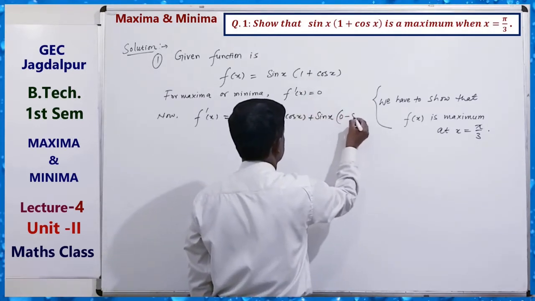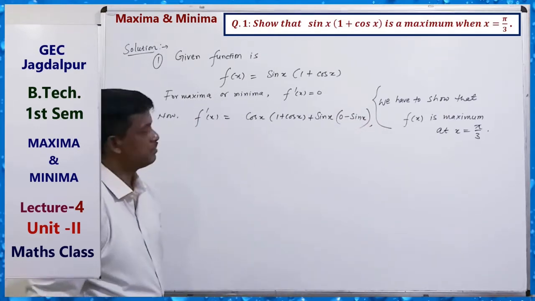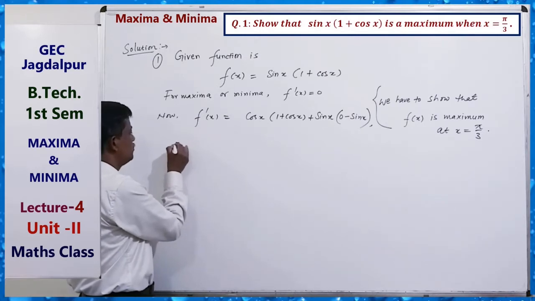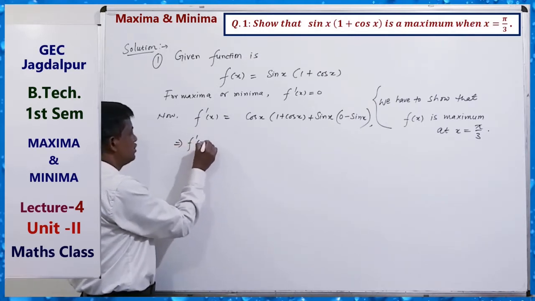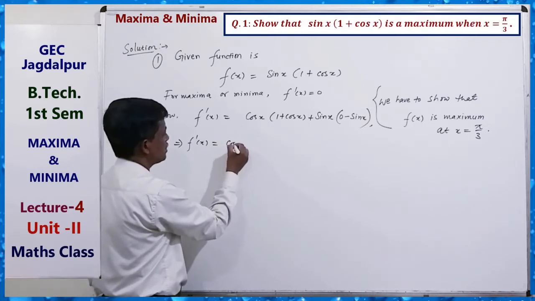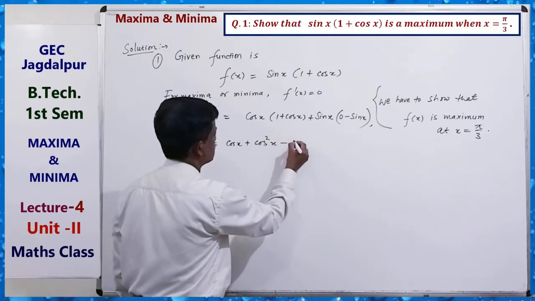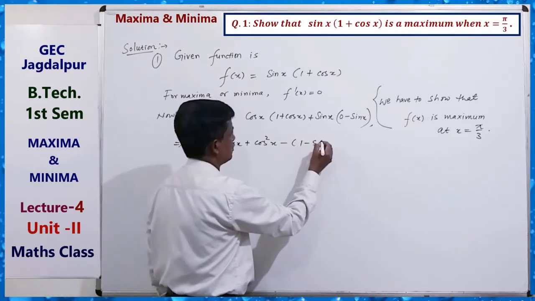Zero minus sin x. Okay, this is the first derivative. So the first derivative equals what? Just multiply: cos x plus cos square x minus 1, minus sin x times 1 minus cos square x.